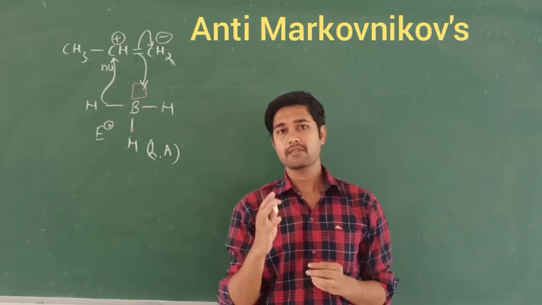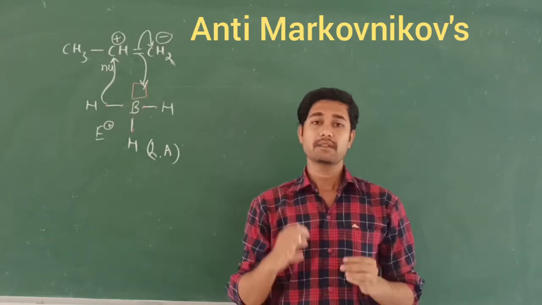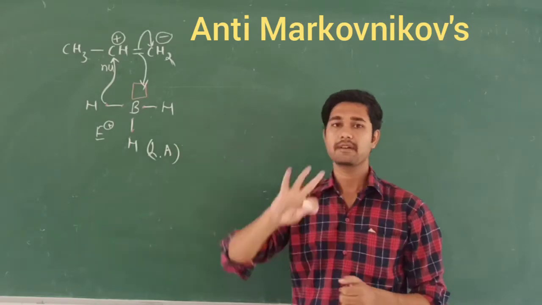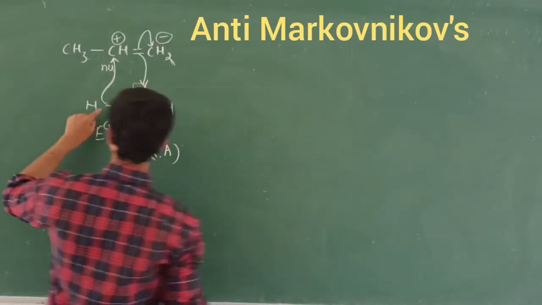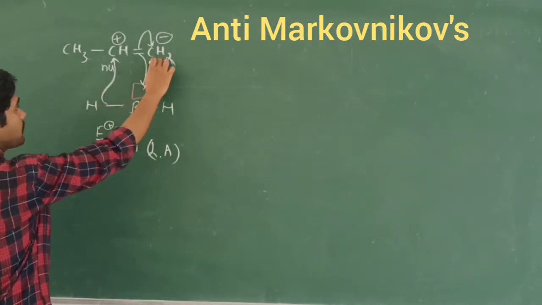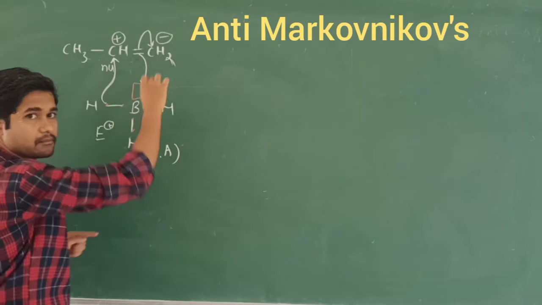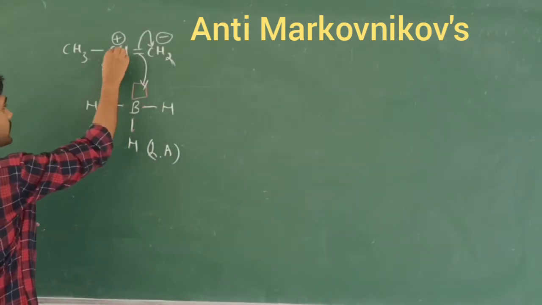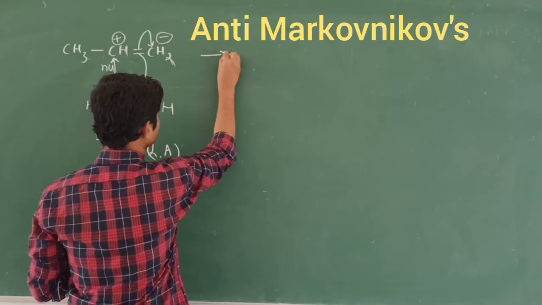It says that hydrogen will attack the carbon containing the maximum number of hydrogen atoms, but in anti-Markovnikov it is the opposite. According to the Markovnikov rule, the hydrogen would attack the carbon with the maximum number of hydrogens, but according to the anti-Markovnikov rule, this hydrogen will come and attack here. So I will write the product.